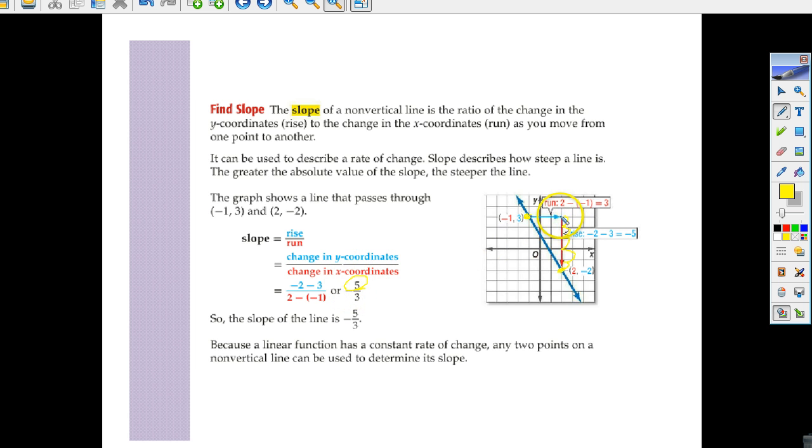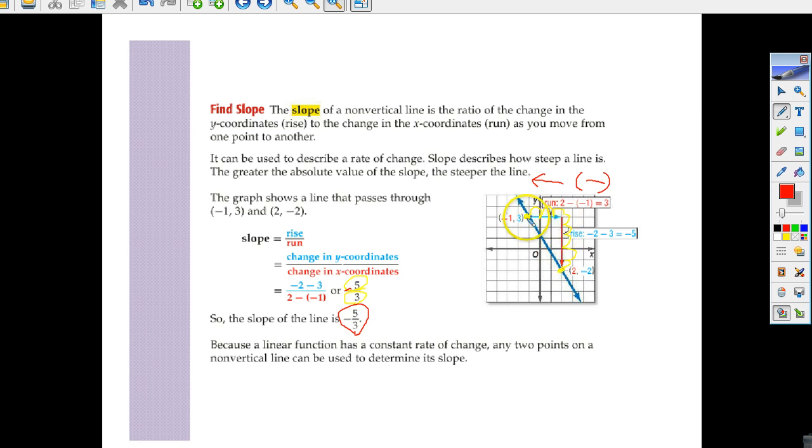And then you run to the left: 1, 2, 3. So you have 3 at the bottom. Now, when you run to the left, you're running in the negative direction. So you have to make sure when you run to the left, it's going to be a negative. You add a negative to it. That's why you have -5/3. Okay, so that's a slope.